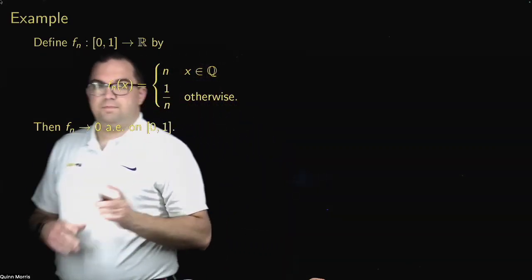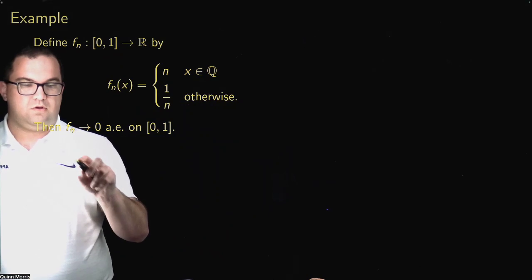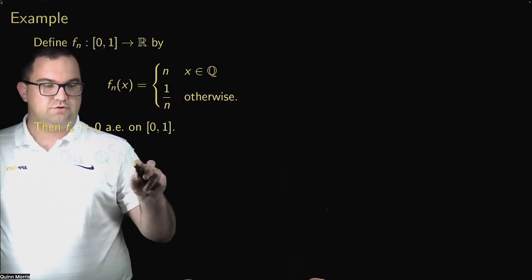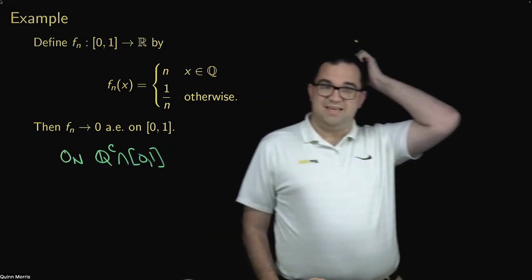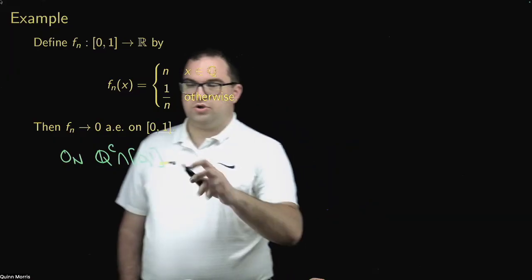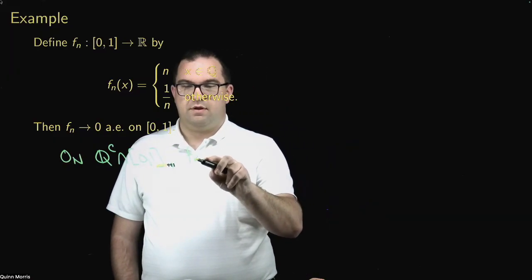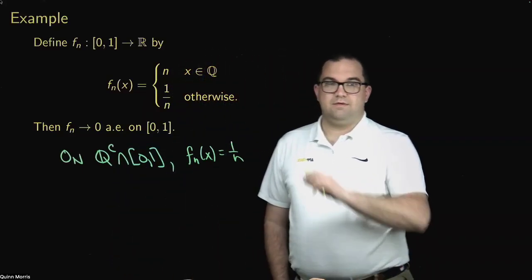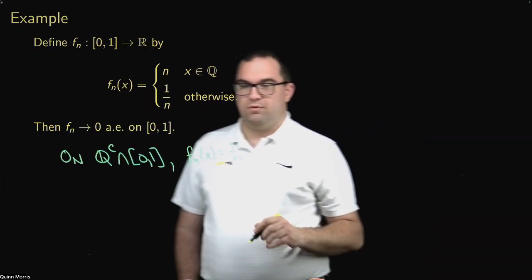So the first thing I want to note here is on the Q complement intersect [0, 1]. So just make sure we're clear on what this is, this is the irrationals in [0, 1]. So on Q complement intersect [0, 1], f sub n of x is just equal to 1 over n.